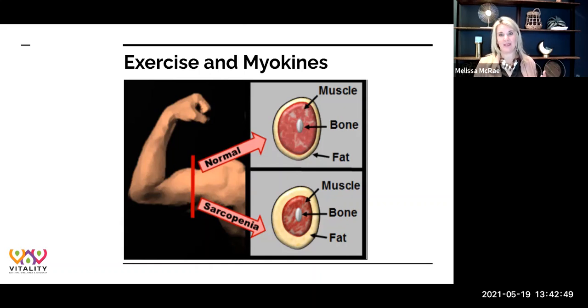If you don't have much muscle, you're not going to be releasing much of these anti-inflammatory components to affect your system. So we know that movement and exercise builds lean muscle mass. And we know that stretching those muscles is what causes those myokines to be released. So always remember, muscle is your metabolic currency and you have to spend it wisely.